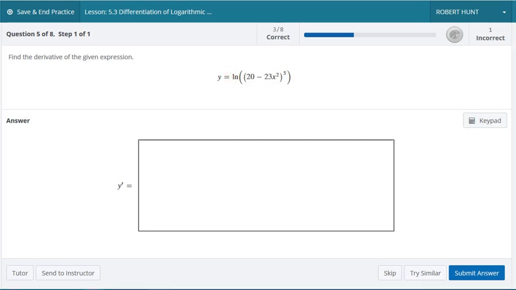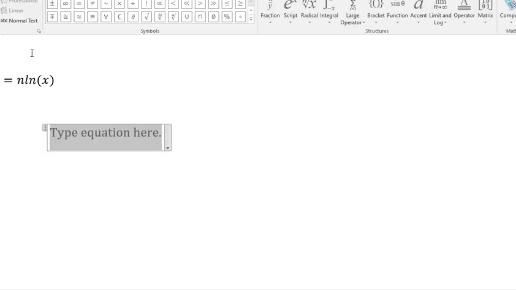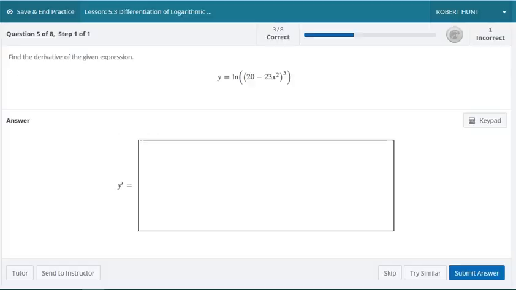So really I have... it's not agreeing with me here. Hold on. Really we have y equals 5 log of 20 minus 23x squared.